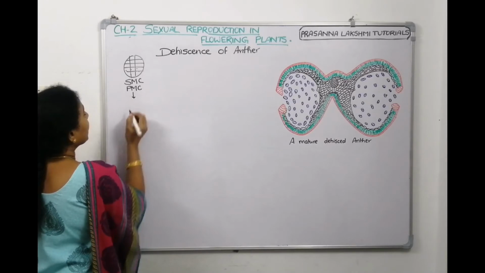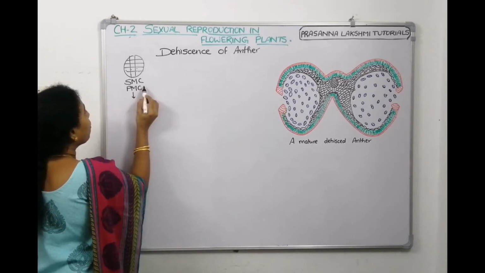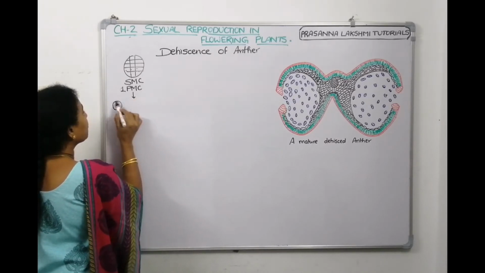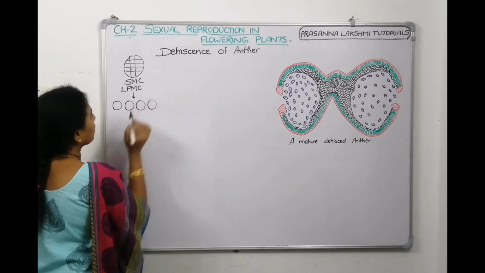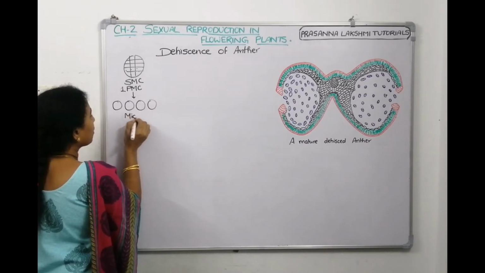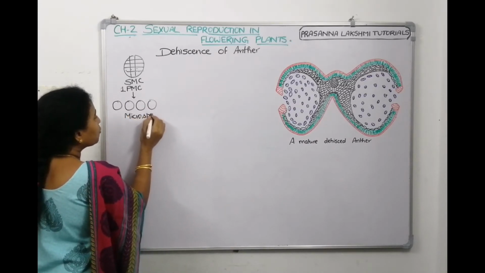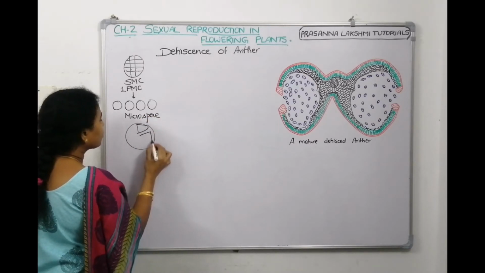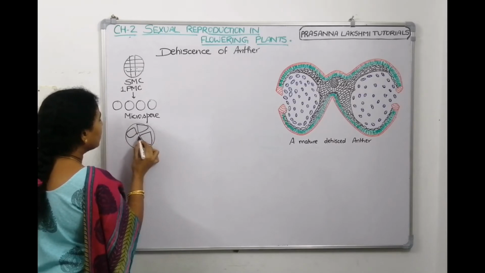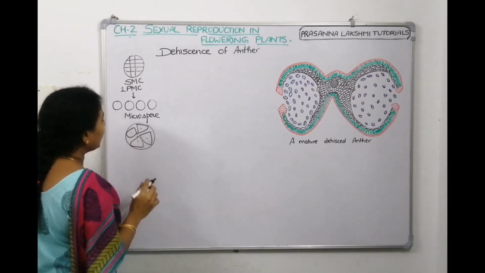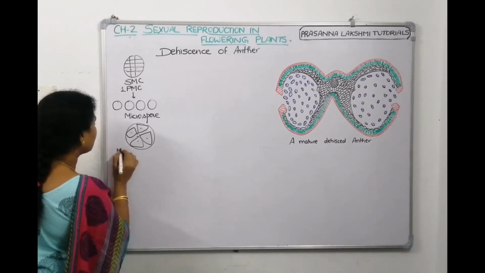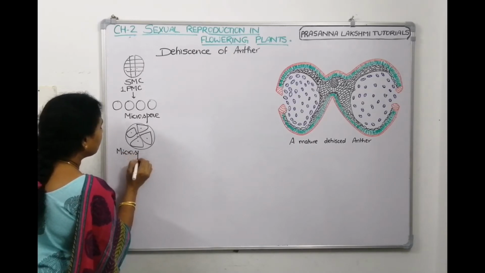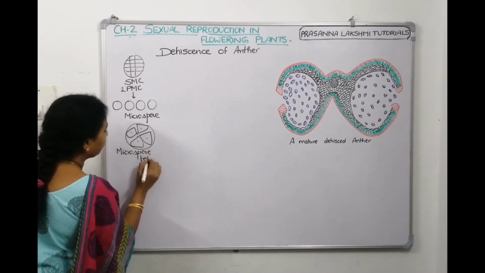One pollen mother cell undergoes meiotic division to make 1, 2, 3, 4 microspores. We call this a microspore tetrad, right? All 4 microspores formed from one mother cell are arranged together as a microspore tetrad.